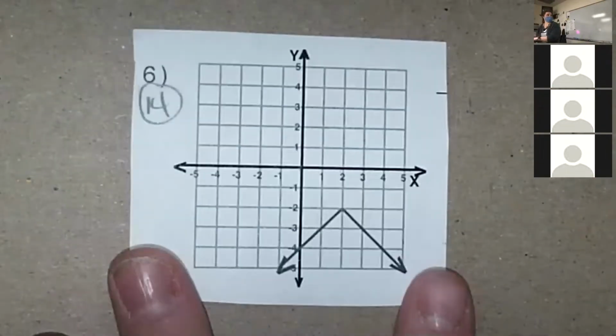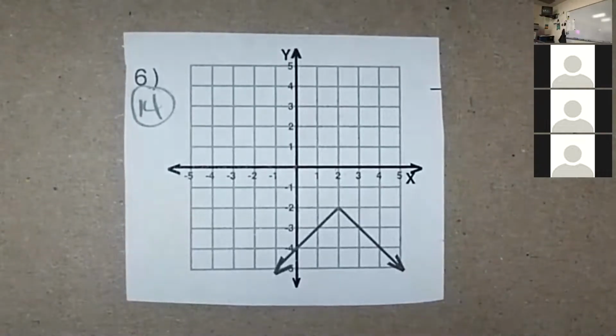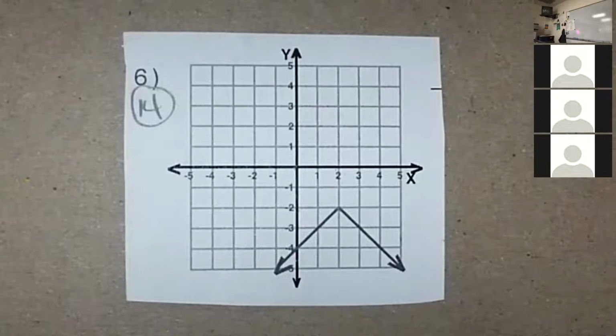Equation, number 14, equation. Wasn't that number 6?